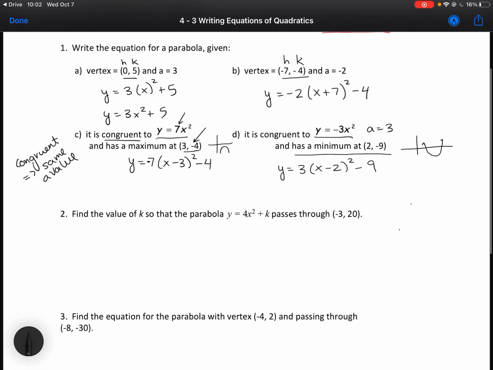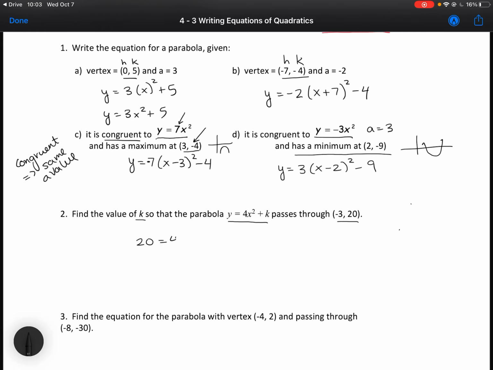Now we're going to look at finding one of the values if we're given a point on the parabola. This question asks us to find the value of k so that the parabola y equals 4x squared plus k passes through this point. Just like when you were finding the y-intercept for y equals mx plus b form, we're going to take our values and plug them into our equation.